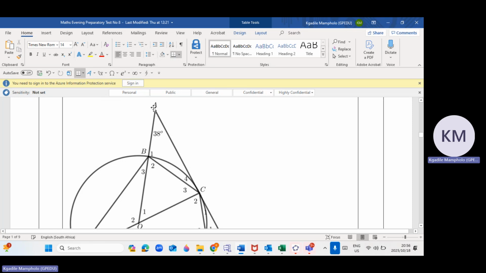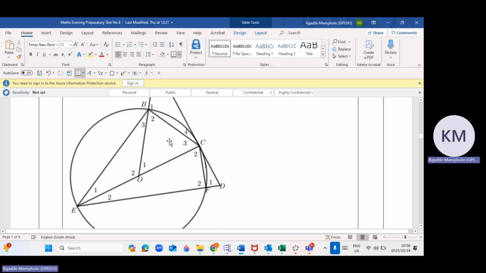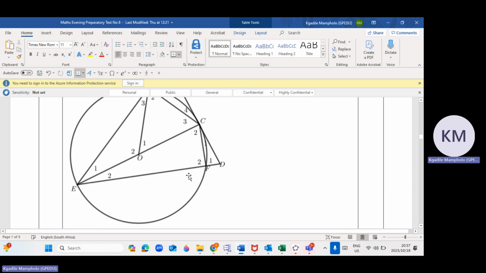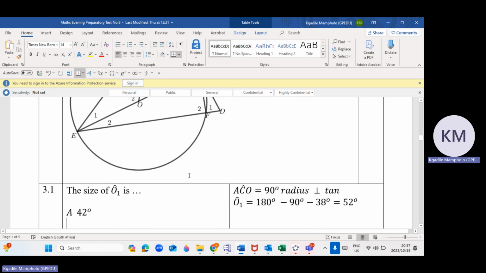So we are going to use triangle AOC because we know angle A. And also we know that OC is perpendicular to AC, radius perpendicular to tangent. So it means C3 plus C4 is 90 degrees. Your reason will say radius perpendicular to tangent. Then O1 will be 180 degrees minus 90 degrees minus 38, so O1 will be 52 degrees.